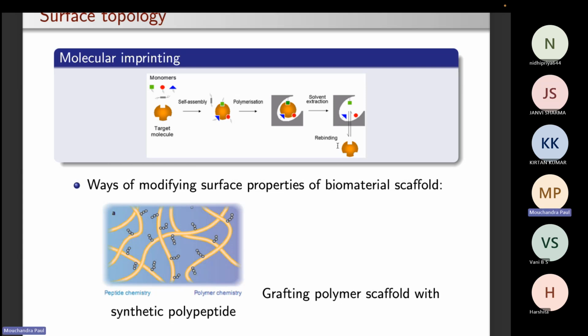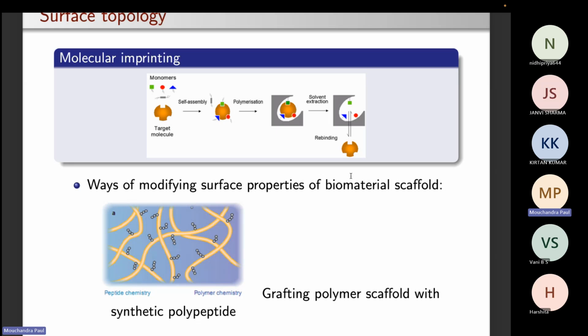Now, with this target protein molecule, you were engineering your polymer. So if this protein molecule is found in, say, any biological fluid, this polymer will preferentially bind it, because you have already created specific sites where complementary sites are available, and it can bind reversibly.